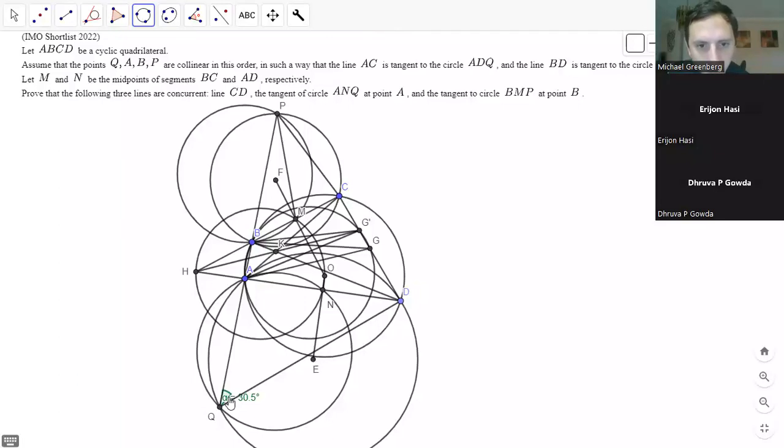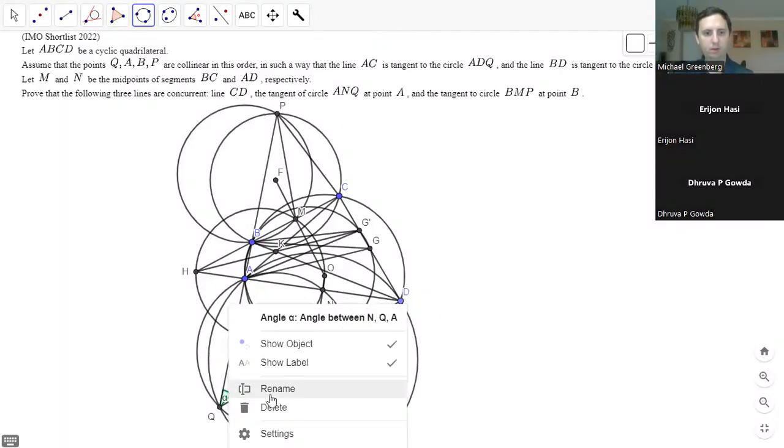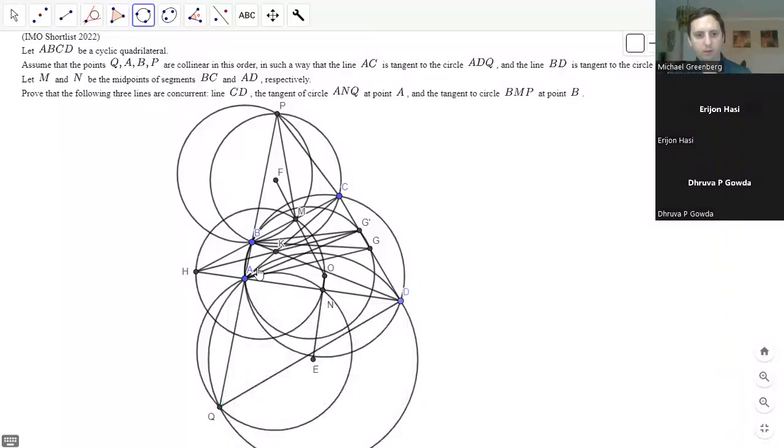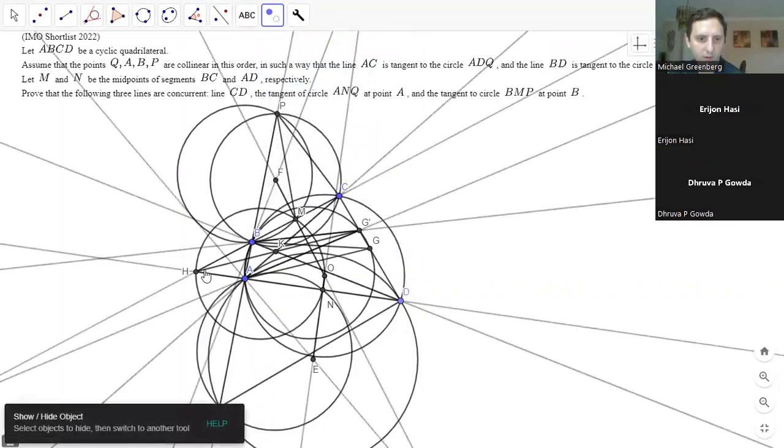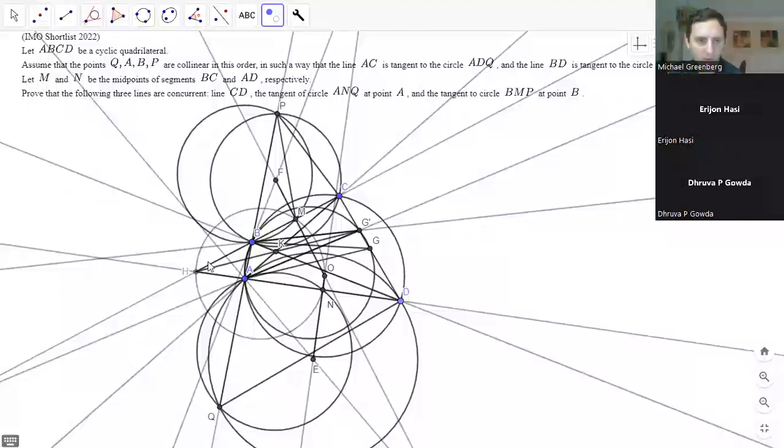Can we get rid of O and H and K? Just maybe we could easily see. So yeah, we can get rid of a lot here. We probably don't even need M and N, right? Well, yeah, it depends, but okay, we can get rid of them also.